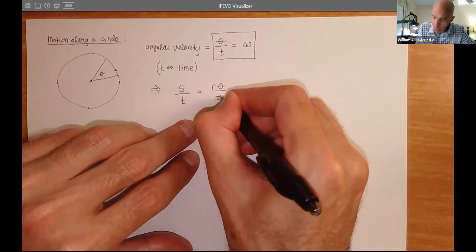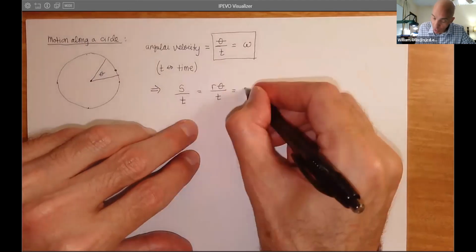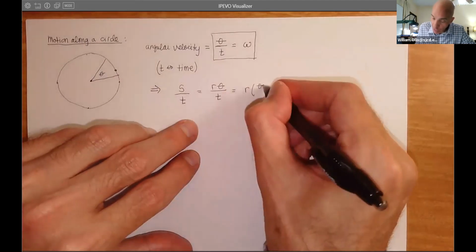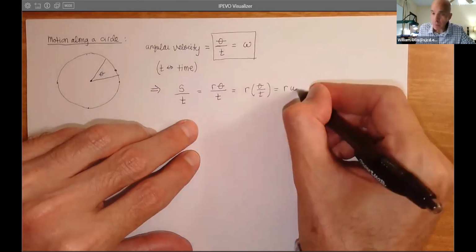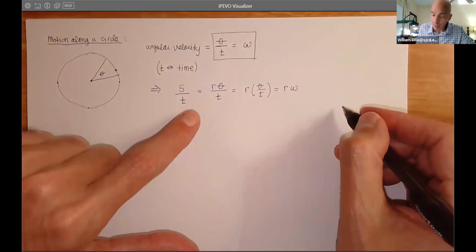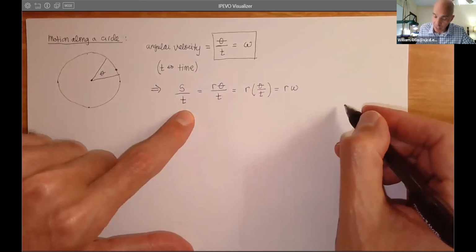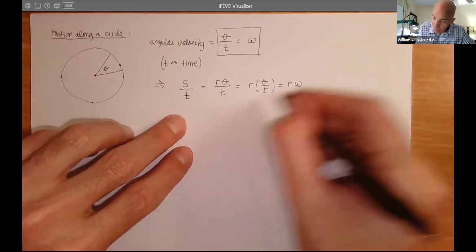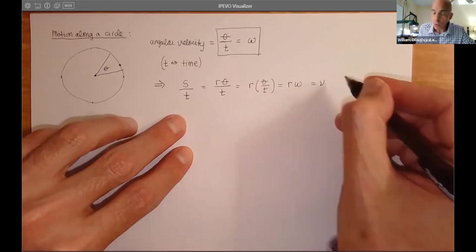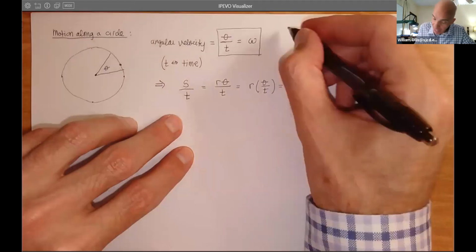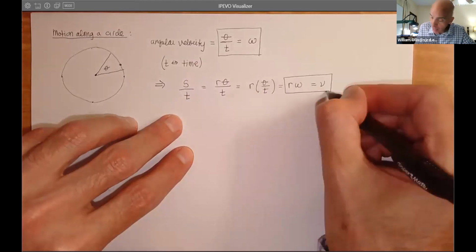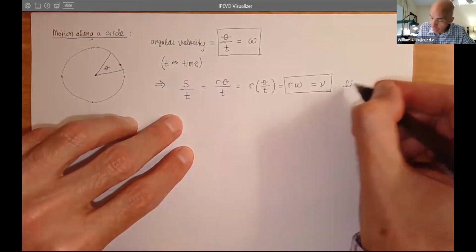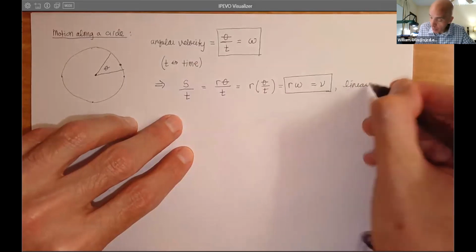Well, now you see where I'm going. So we just get r times theta over t. So we get r omega. So now we can think of this as a linear velocity. So we'll say this will be v, or nu, for linear velocity. So we have angular velocity, and now we have what we call a linear velocity along the circle.